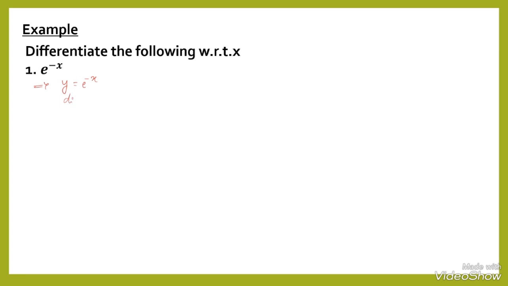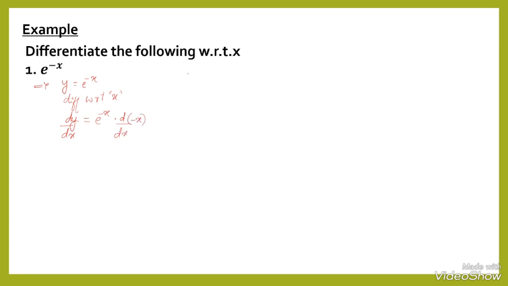Differentiating with respect to x, dy by dx is equals to the differentiation of e to the power minus x. In place of x, we have minus x. That's why I'm taking the differentiation of minus x.